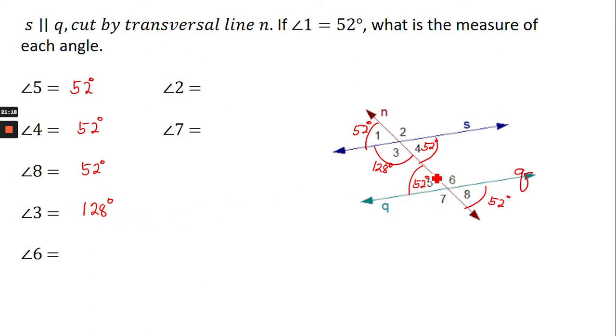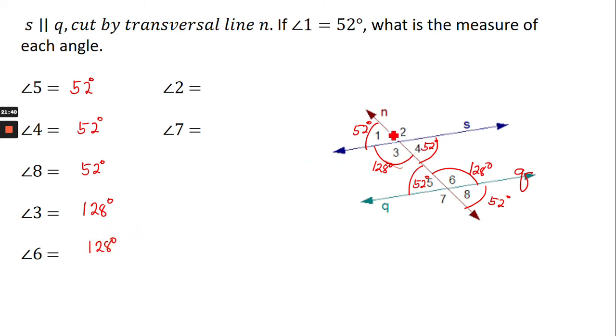Angle 6. We can say that angle 6 is also 128 degrees because it is an alternate interior angle with angle 3, and alternate interior angles are always congruent.